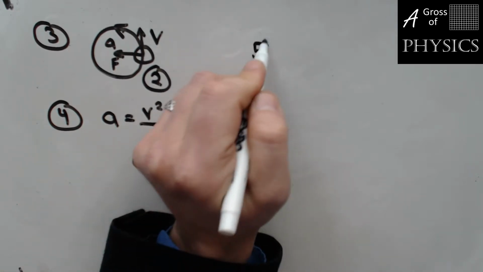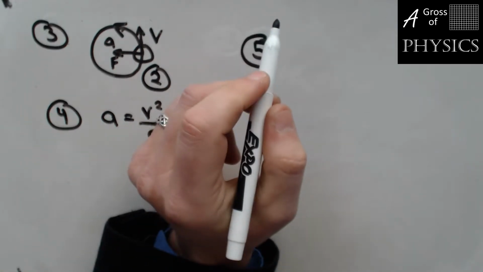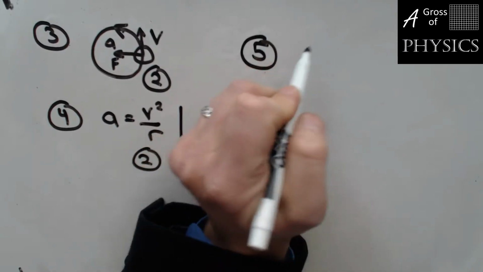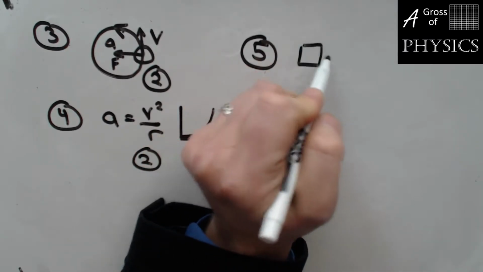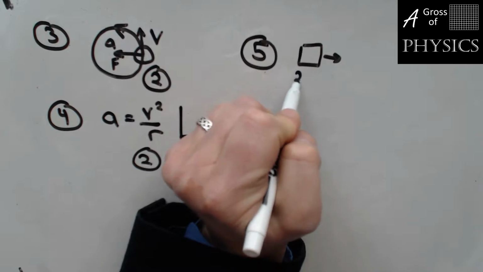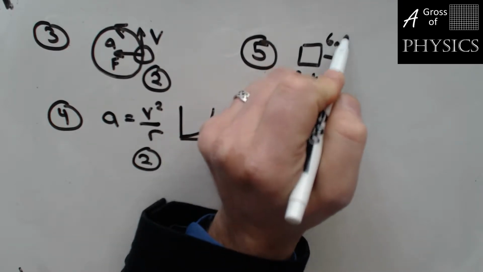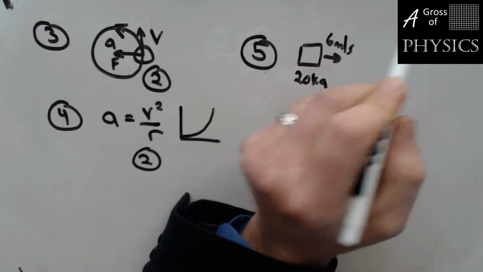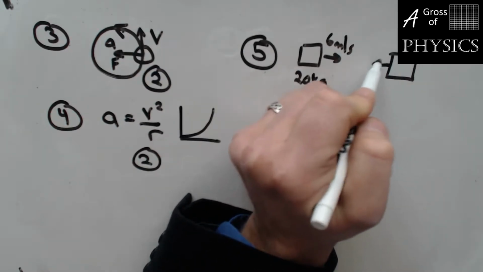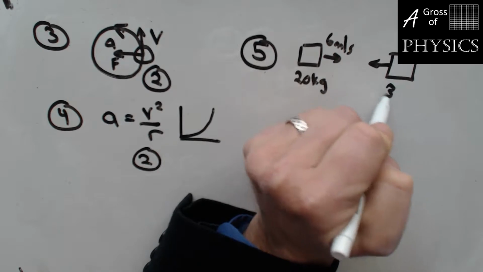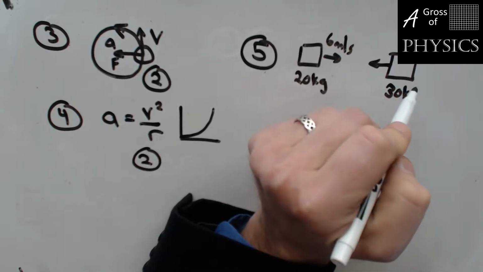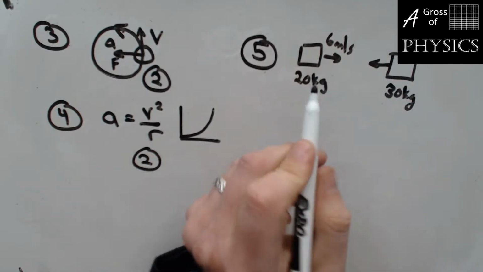And then number 5, we have 2 carts colliding. We have one going east. It's 20 kilograms. It's going at 6 meters per second. The other one is going west, and it's 30 kilograms. What's the speed if they stop afterwards?